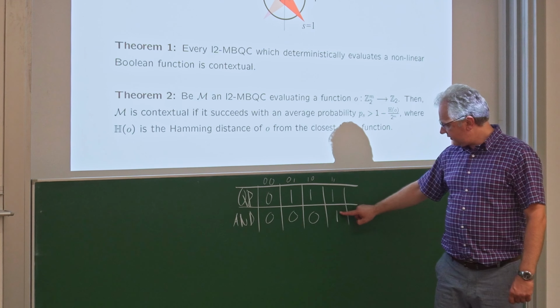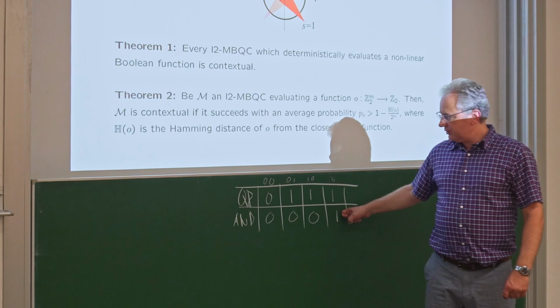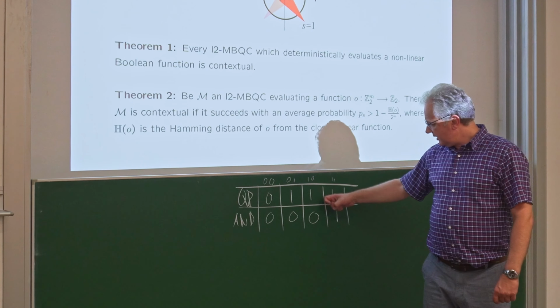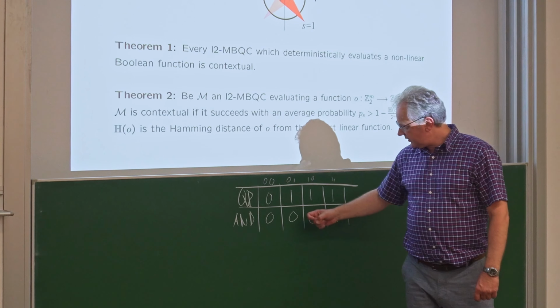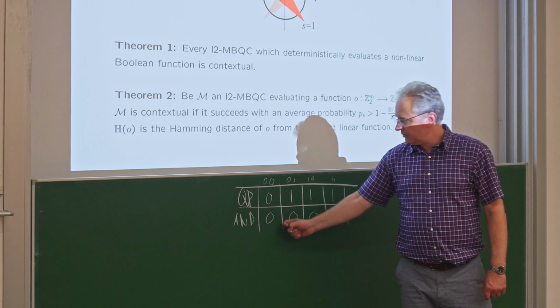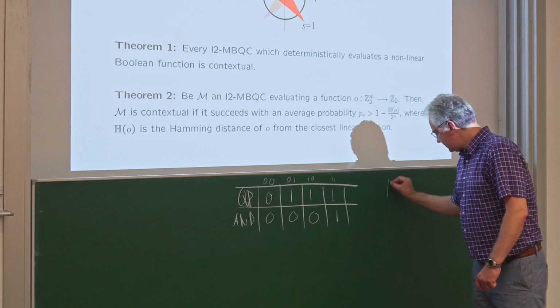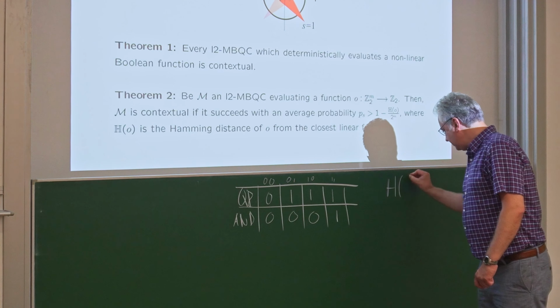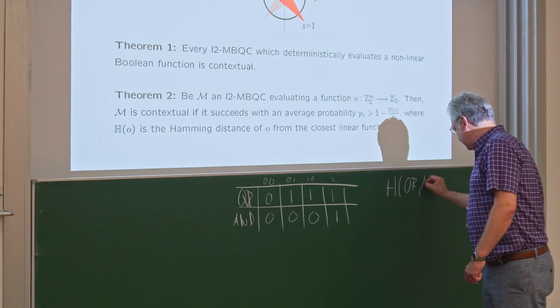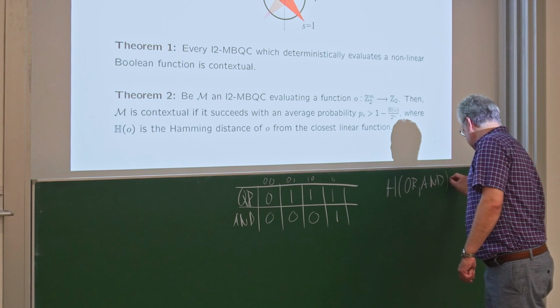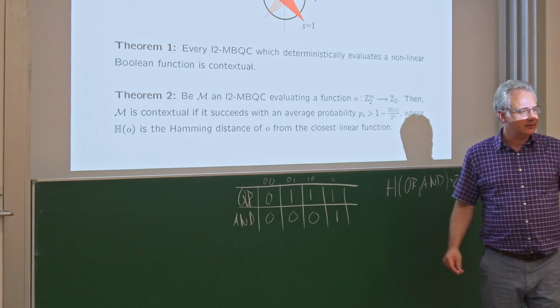Here they are the same, no contribution. Here they differ, contribution. Here they differ, contribution. Here they are the same, no contribution. So the Hamming distance between the OR and the AND is 2.